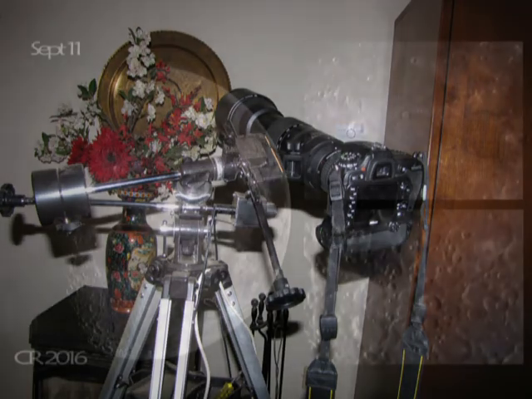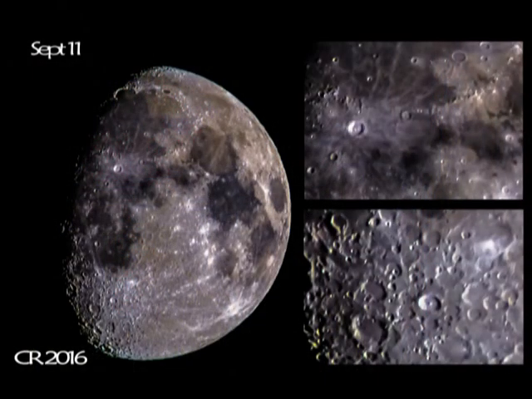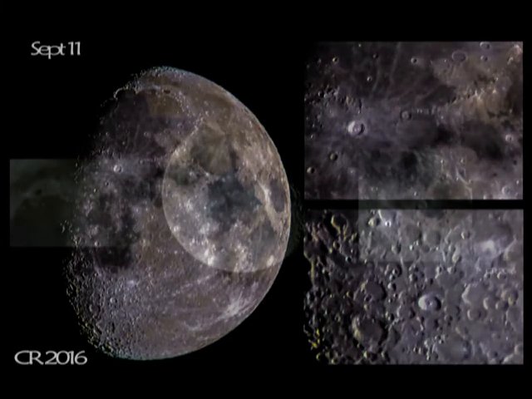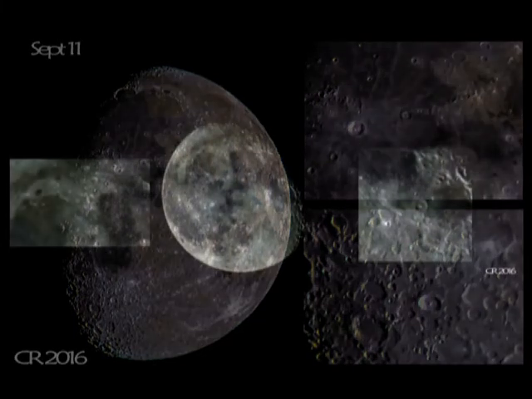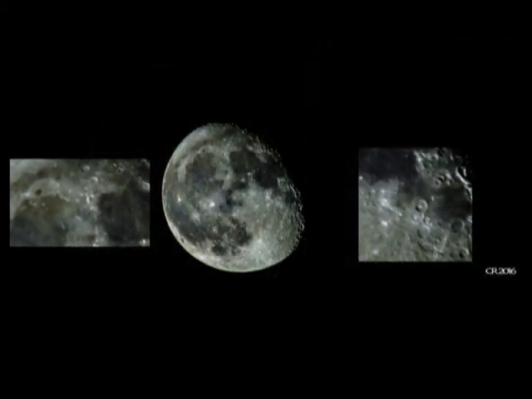It isn't bad for a camera lens at 600 millimeter at f10. And this next image is with the Sigma 150 to 600 millimeter lens. But this last picture is something else entirely.